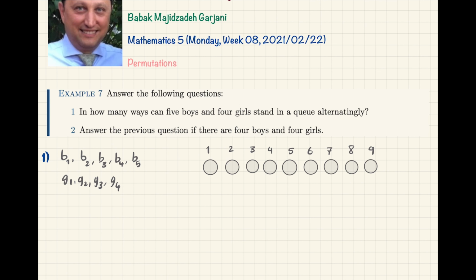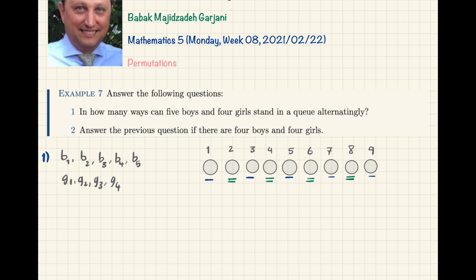Okay, when I start with the boy, it means that these positions would be boy positions, these underlined with blue are boy positions. And these underlined with green are girl positions, yes? So I am facing a 2-stage task. I can define a task consisting of 2 stages for myself.